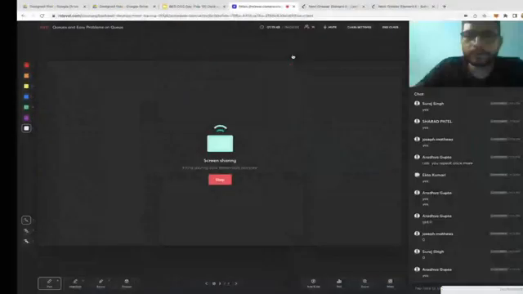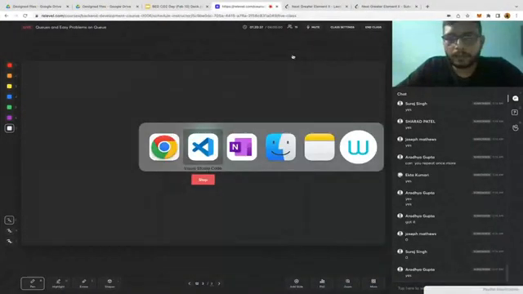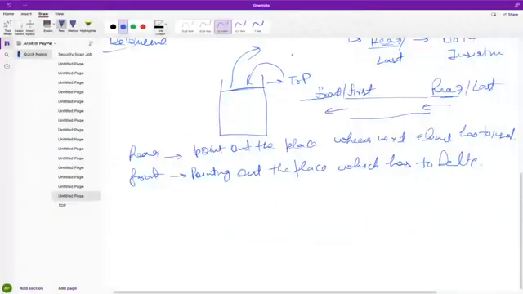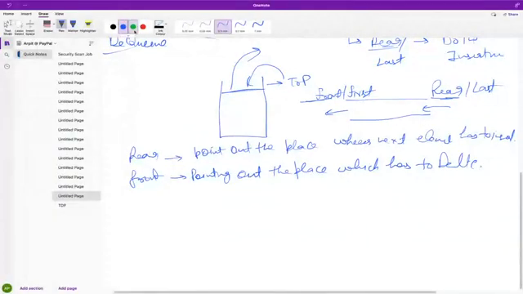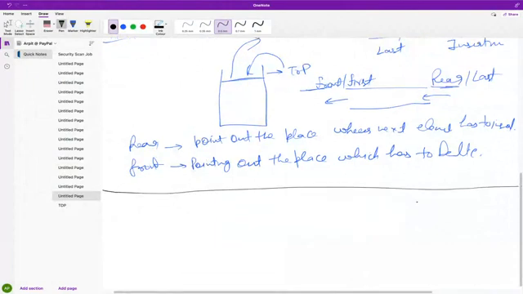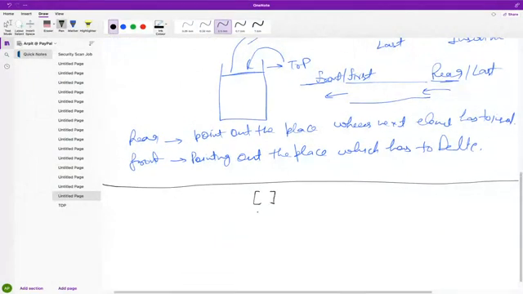Because we are saying we are going to take our queue as an array, in the array this is the index, and right now front and rear both have the value 0. It means they both are pointing to this index.